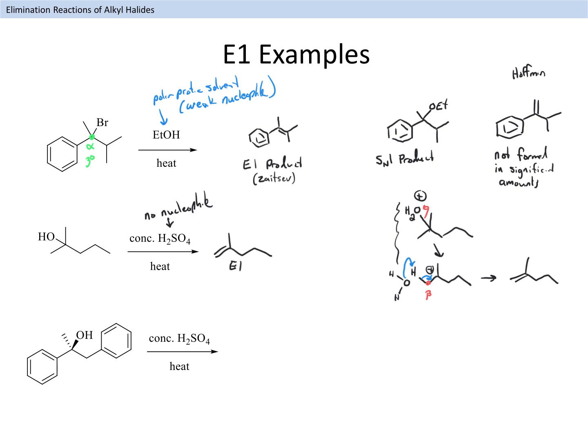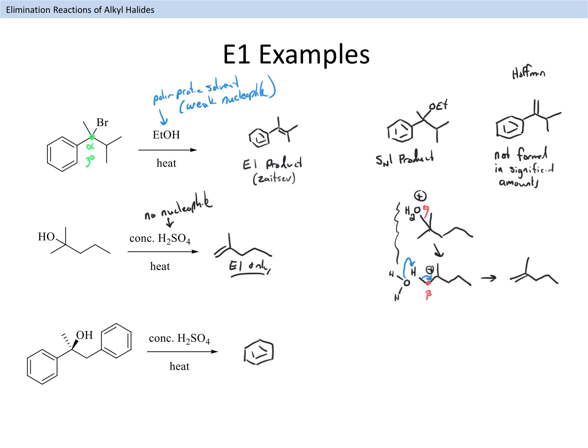Finally, consider the example reaction of the alcohol shown here, when subjected to concentrated sulfuric acid and heat. Similar to the previous example, the alcohol is protonated, turning the hydroxyl group into a good leaving group. The reaction proceeds through the formation of a stable carbocation intermediate.